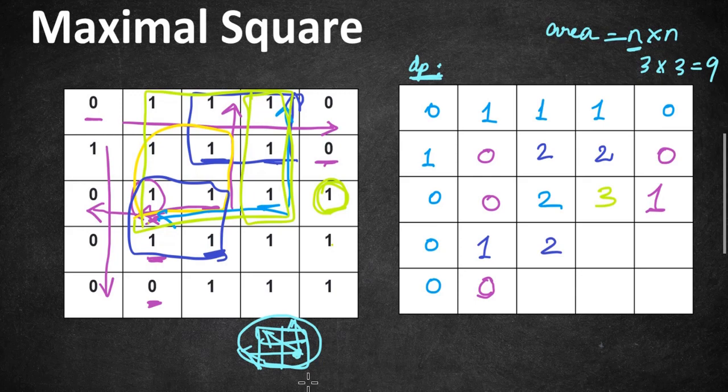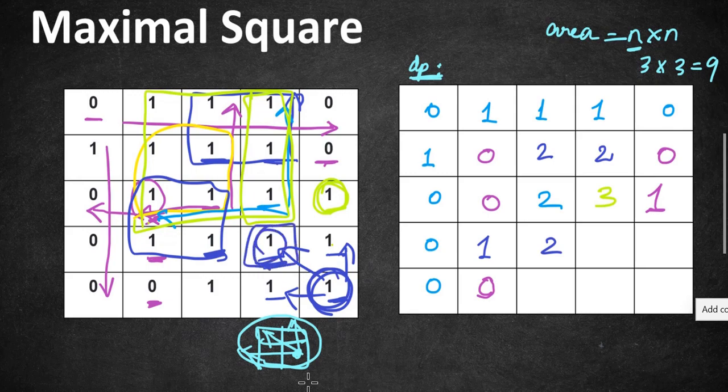In this case, we have to look for all the values in 3 directions. If we are at this cell, then we have to look at the value one cell up, one cell left and one cell diagonal. We have to pick the minimum of these 3 values and do a +1 to update this position. Why are we doing that? Because we have been filling at every spot what is the maximum square side you can form.